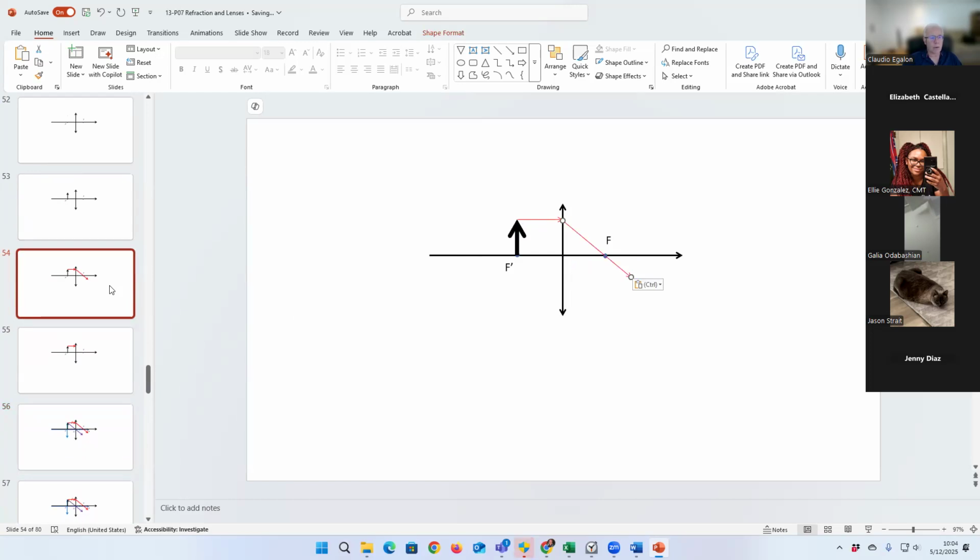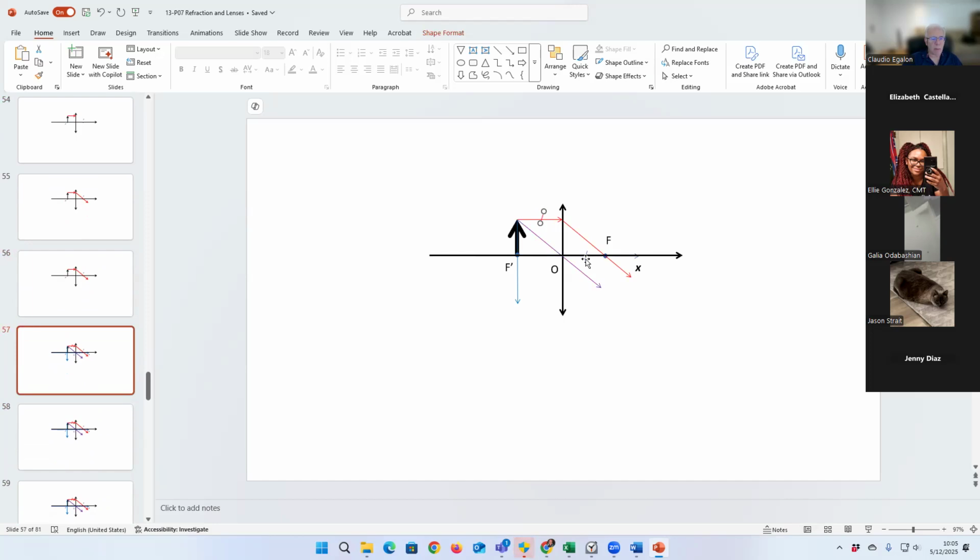Okay, now at this point, note that this distance here is equal to this distance, right?